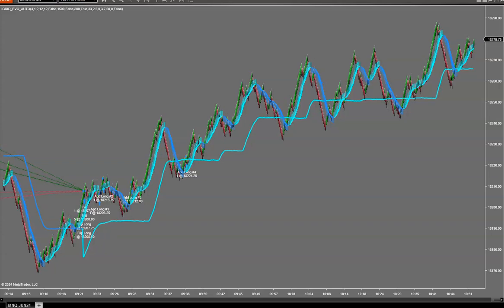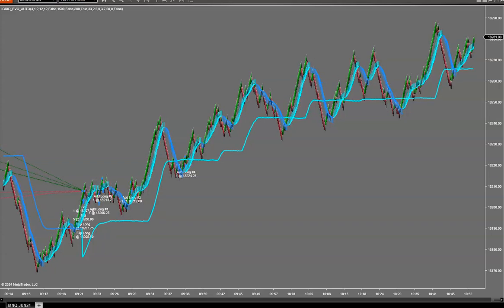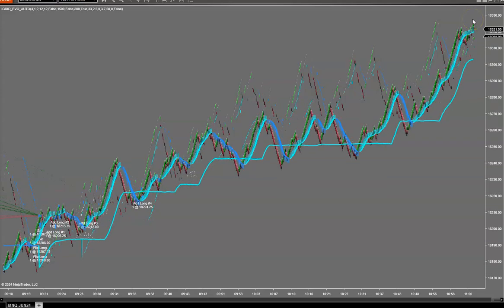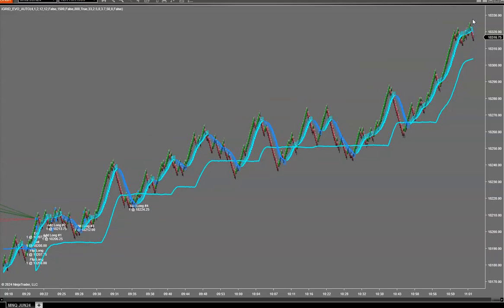And then with the trail stop feature, every time we're making an advance, and then you start ascending, it will always follow X amount of ticks below whatever you have set.